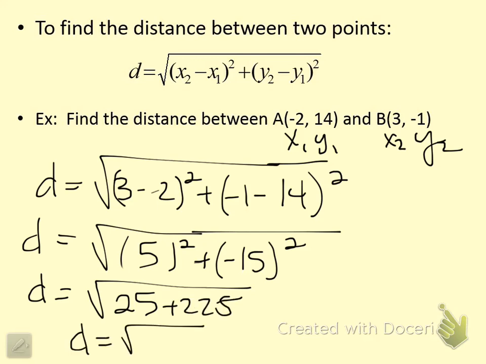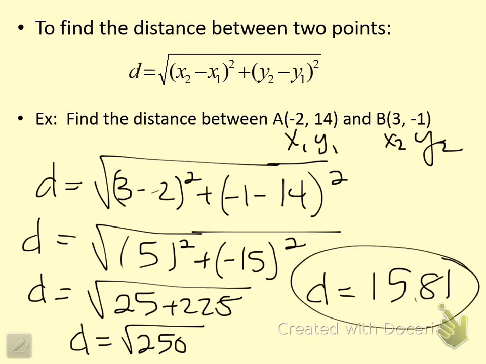So d equals the square root of 25 plus 225, which is 250. And the square root of 250 is 15.81. Okay, so the distance between those 2 points should be 15.81.